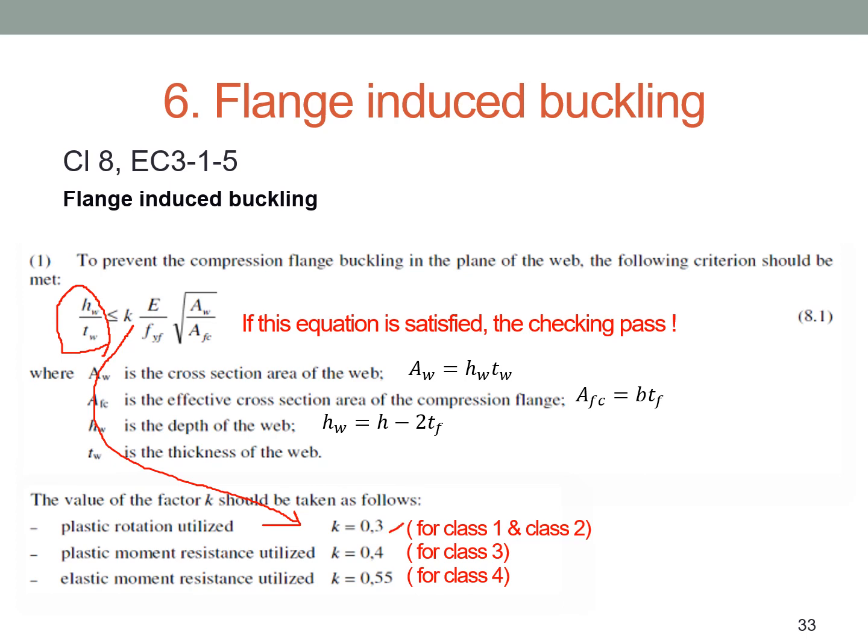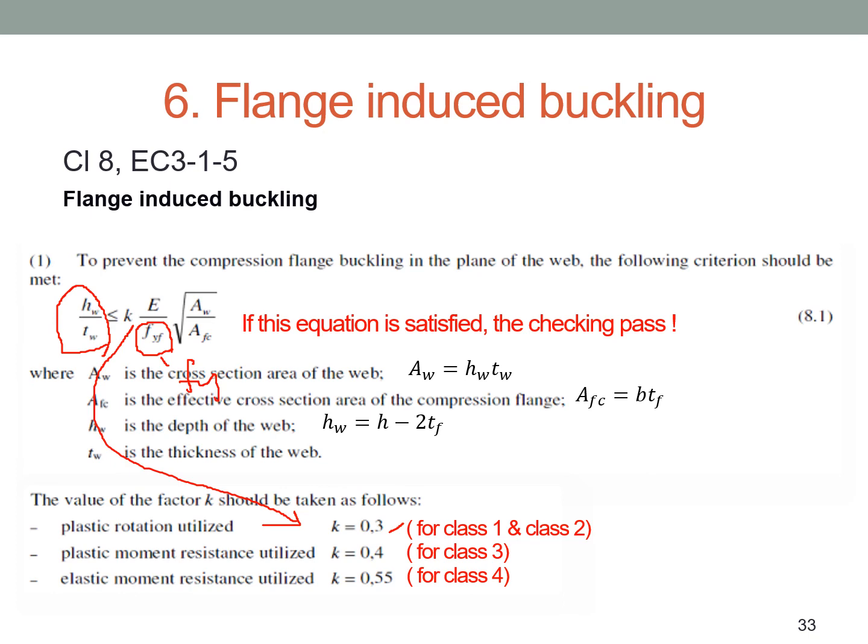E value here is the elastic modulus of steel, which is 210 gigapascal. And fyf means the yield strength at flange. However, since we are using rolled section, flange strength and also web strength is similar, so you just take the fy value. So here is actually the fy value.